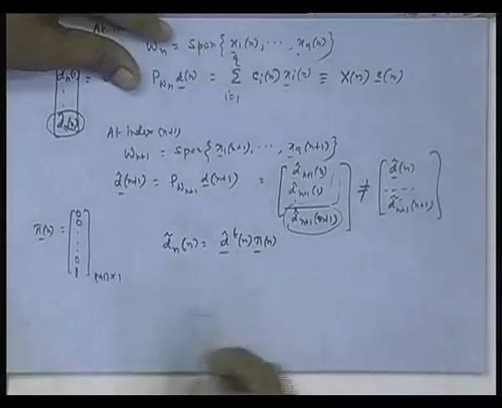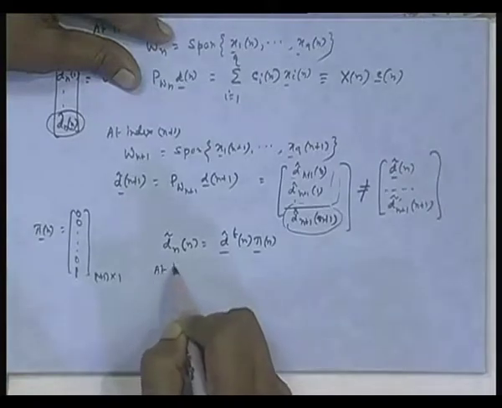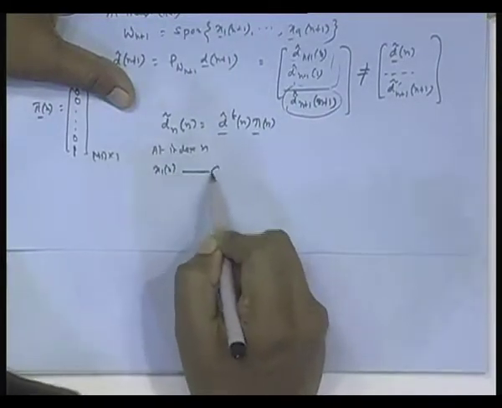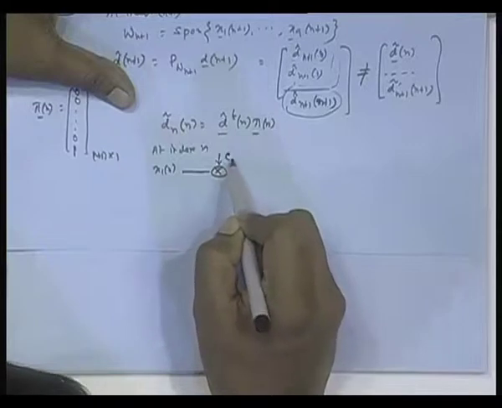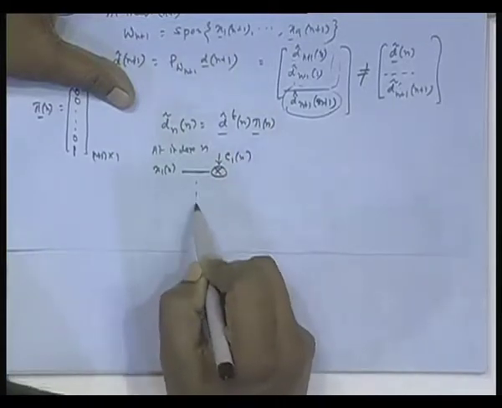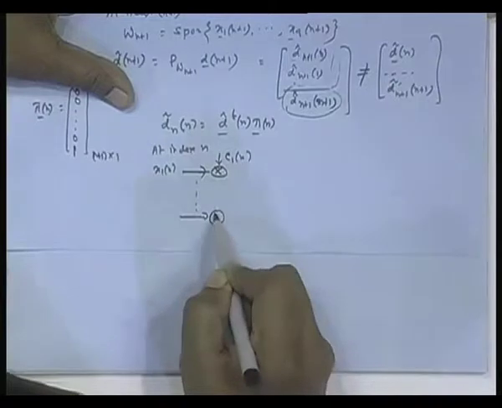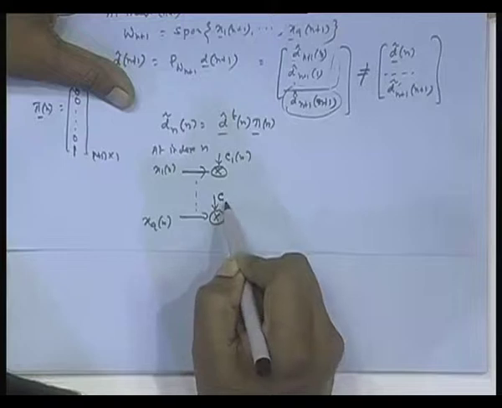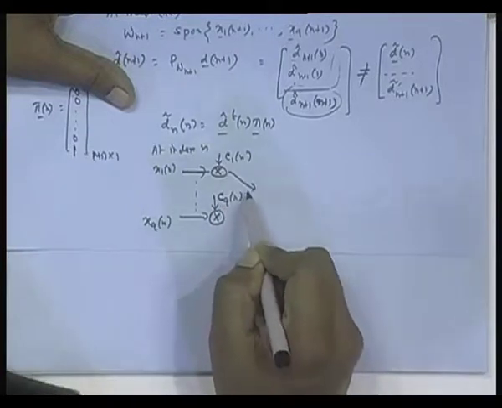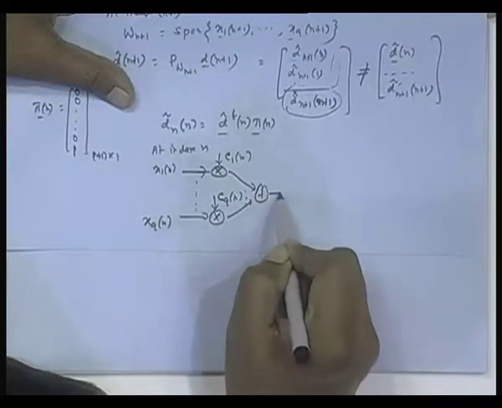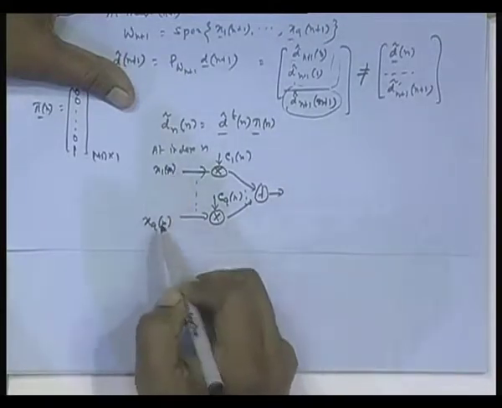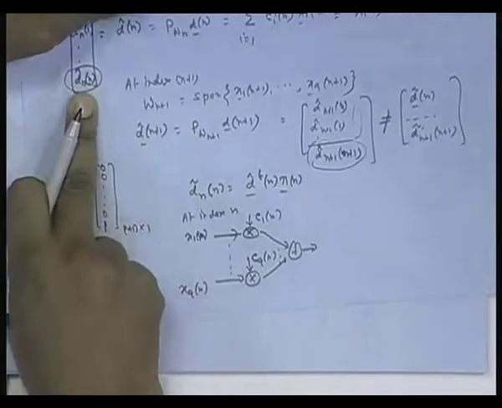So that means the entire thing, you can say at index n, the situation is like this. Suppose there is x1n, you are multiplying by c1n, dot dot dot, xqn multiplying by cqn, adding, dot dot dot, adding. What you are getting from the nth index data x1n to xqn is this last fellow.